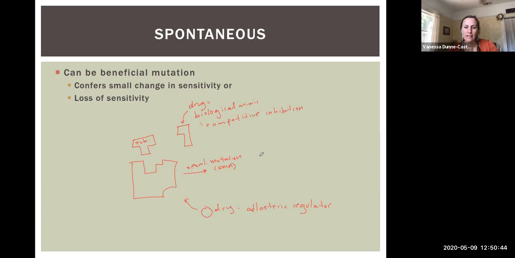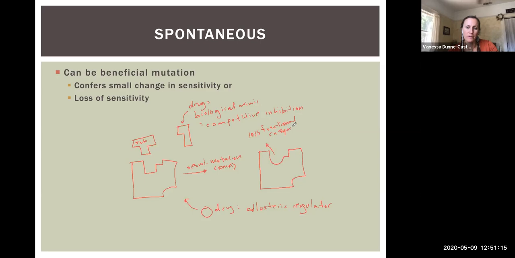So if there was this spontaneous mutation that occurred in the active site or nearby, then this mutation might make the active site less able to bind to the substrate. So we know that this could confer loss of function or a less functional enzyme, right? So it's detrimental.